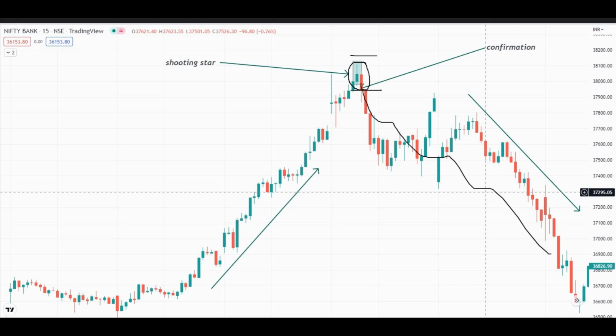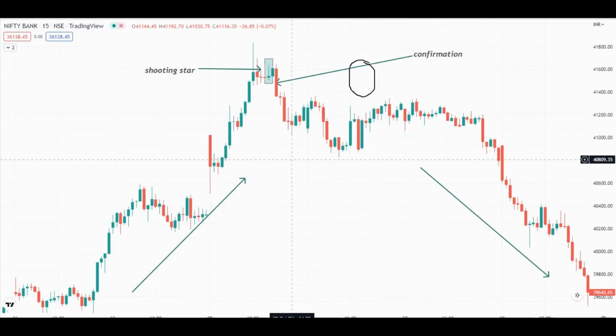But we don't take trades by just analyzing a single candlestick chart pattern. Always remember that. See, strong uptrend, shooting star, confirmation, trend change. Always see the market structure.